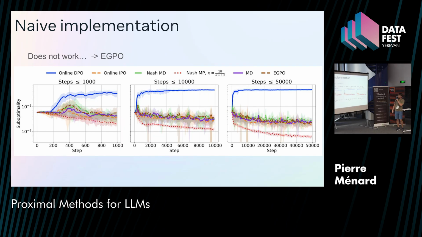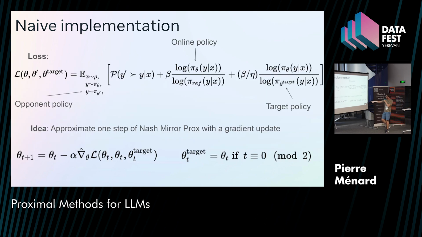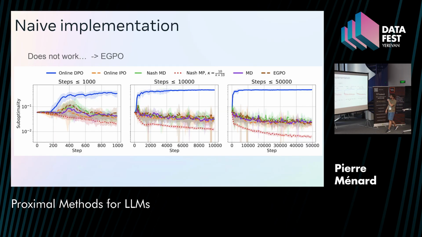So the issue is that this thing does not work in practice, because doing only 1 step or 2 steps while fixing the target does not make much difference. And that's what you can see in this plot.